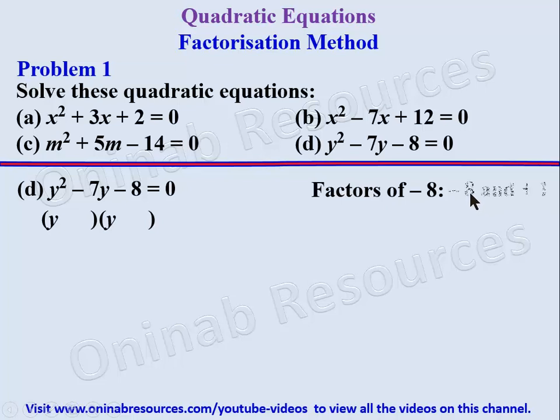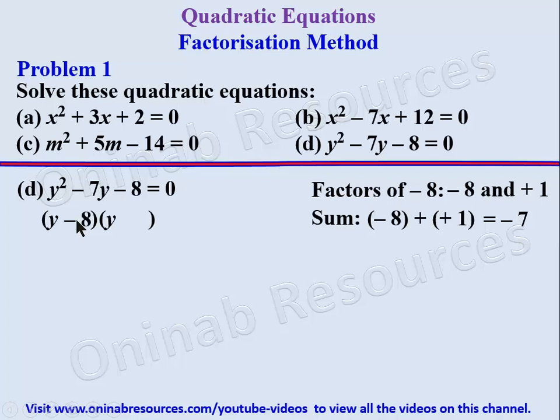So the two factors are negative 8 and positive 1, so that their sum, negative 8 plus 1, will give us a negative 7. So this is the negative 7 we are looking for here. Therefore, the two factors are negative 8 and positive 1.